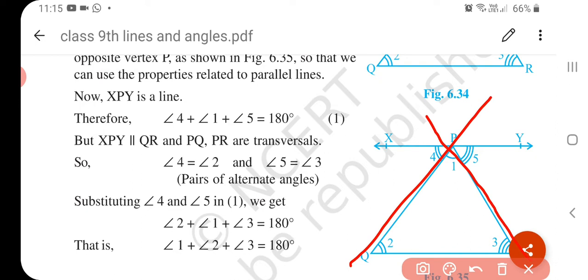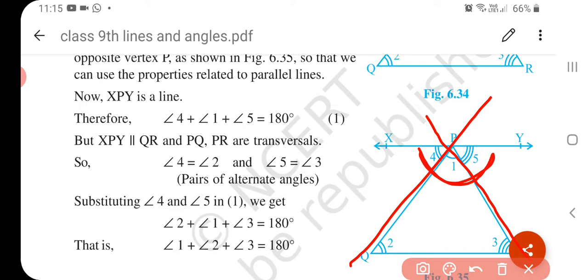So in equations 1 and 2, what does it prove? Angle 4 is equal to 2, and 5 is equal to 3. Angle 4 + 1 + 5 is a linear pair because they are on a straight line, so it is 180 degrees.